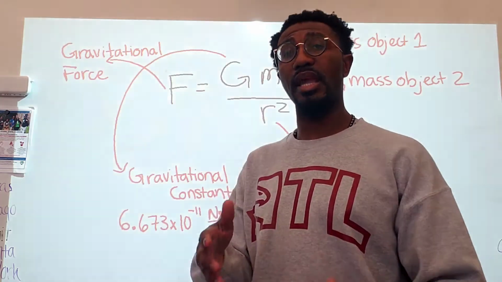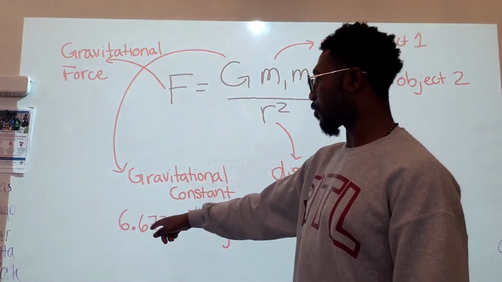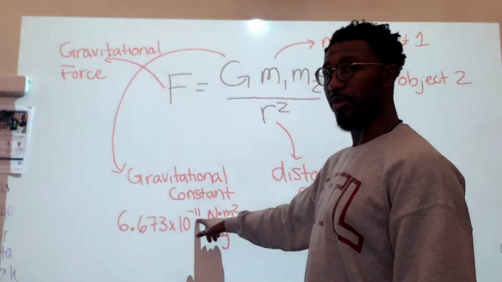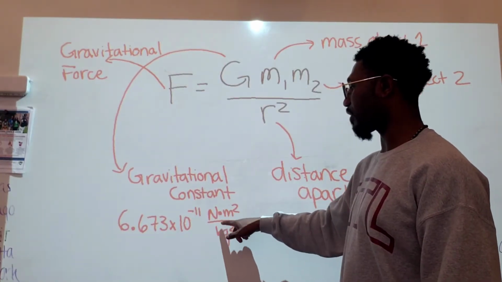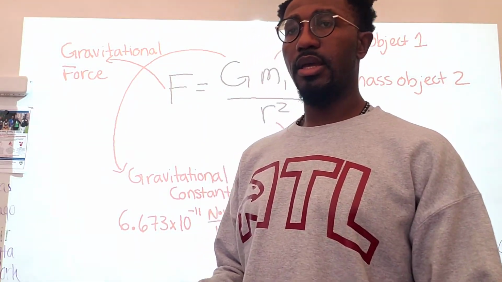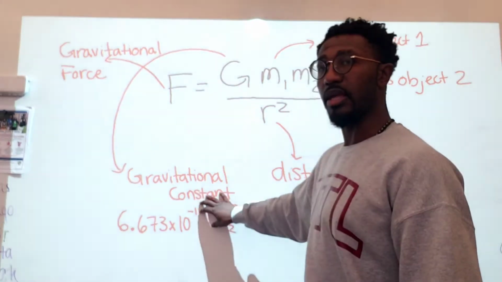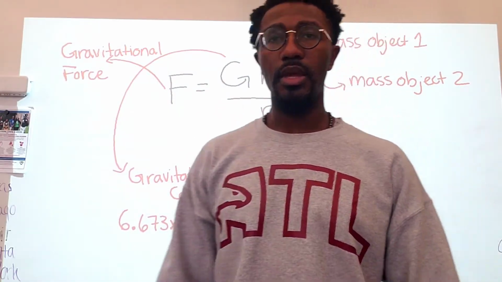And if it's not stated in the problem, you always know what it is. It is 6.673 times 10 to the negative 11th power, and the units are newtons times meters squared divided by kilograms squared. So it's always going to be the same thing, whether it's mentioned in the problem or not. This is what it's going to be, and you're always going to have to use it in the problem, okay?